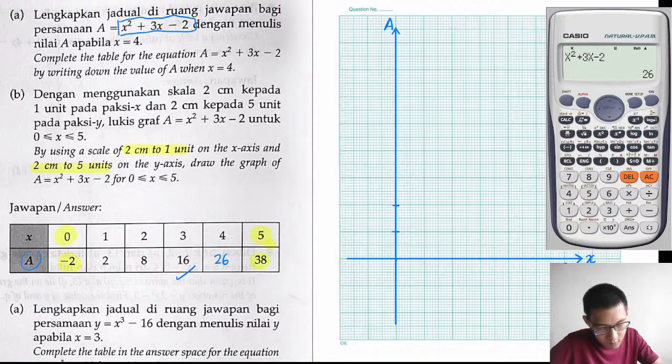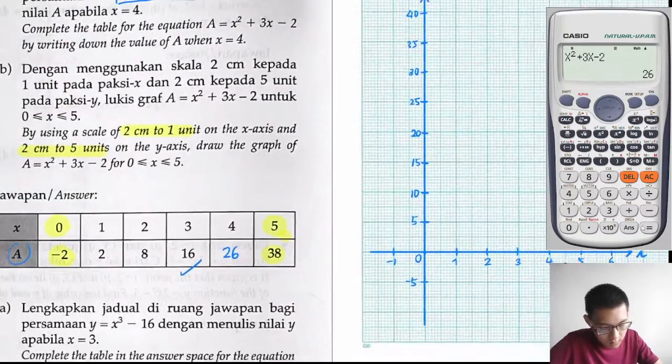So we try to draw the scale. 5, 10, 15, 20, 25, 30, 35, 40. Because the maximum is 38 here, we use 40. Then negative 1, 0, and start from 1, 2, 3, 4, 5. If you want the 6 also can. So we start to plot the graph.